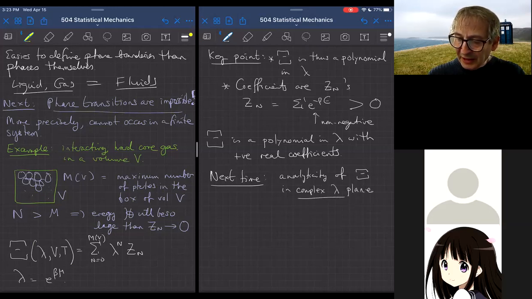So the fugacity is, of course, a real variable. If I want to understand the analyticity, then I have to generalize and look into the complex plane. And so what we're going to be doing is looking at the system with complex fugacity and then looking at the poles of the grand partition function in the complex fugacity plane. Okay, so all of that is something to discuss next time.